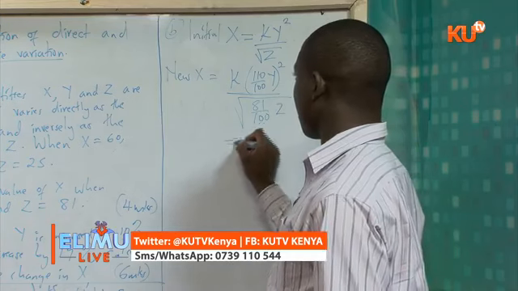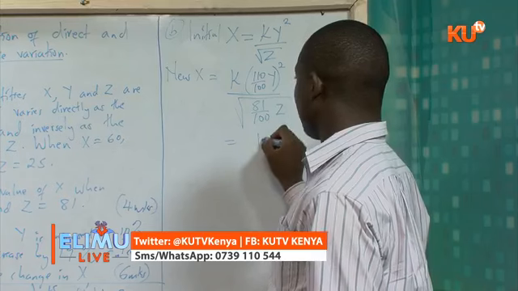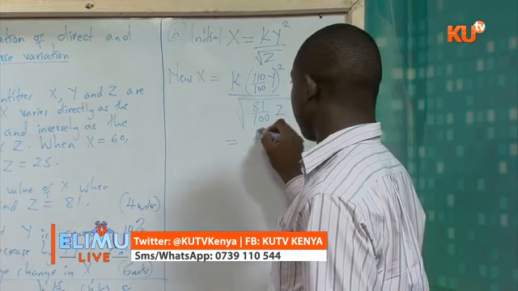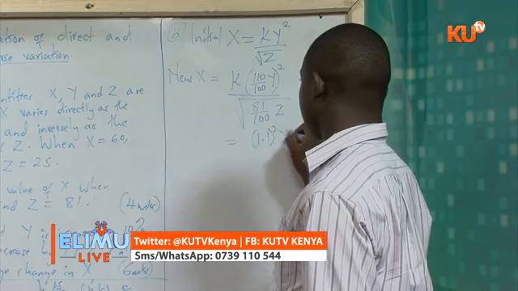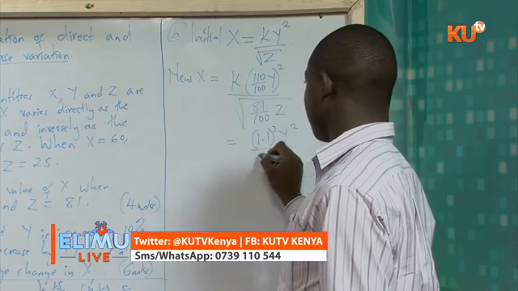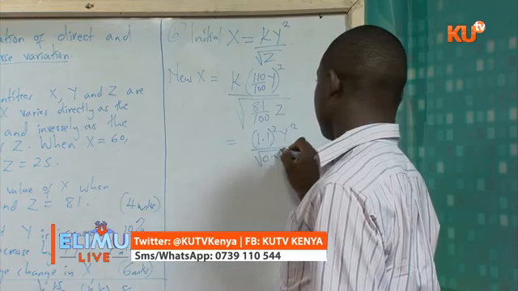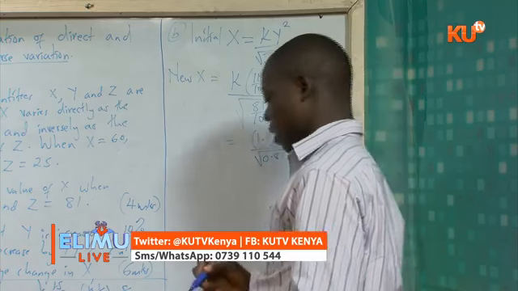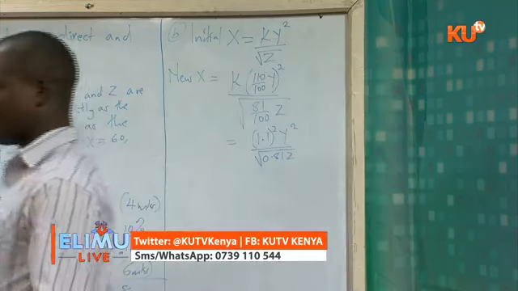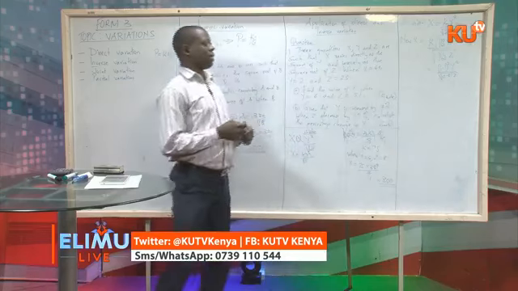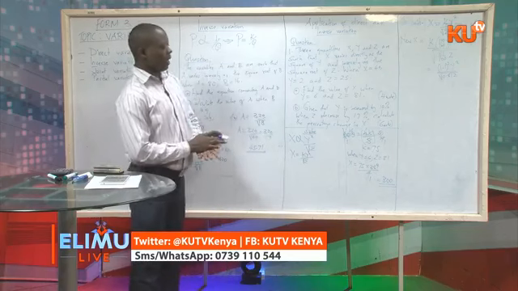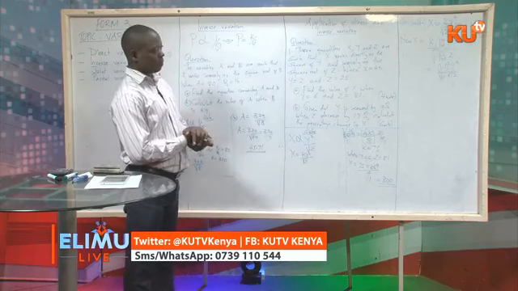So this gives us 1.1 squared y squared over root of 0.81 z as our new x. Once you have the new x, the question is we determine the percentage change.